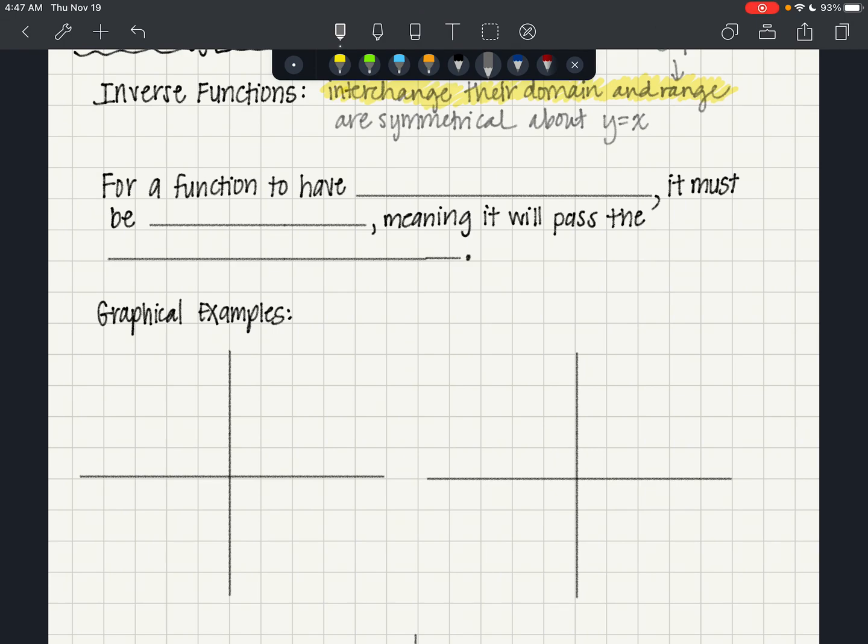But for a function to have an inverse function, remember that it must be one-to-one. That means that it has to pass the horizontal line test.